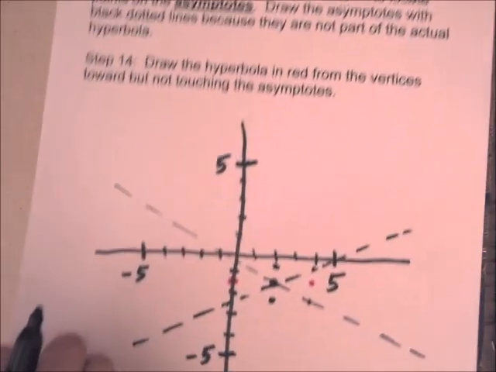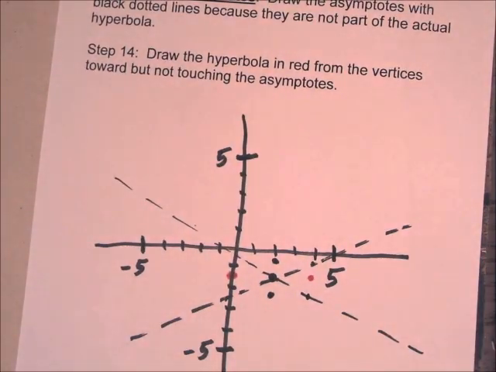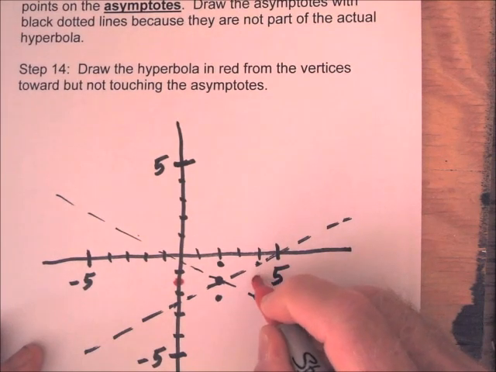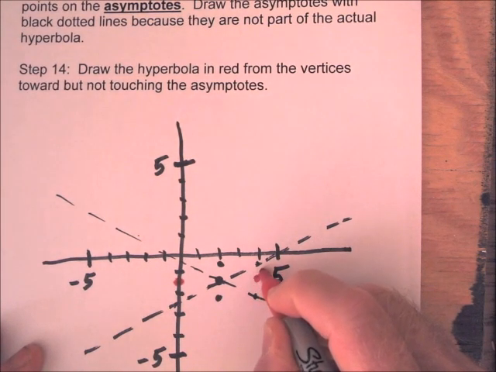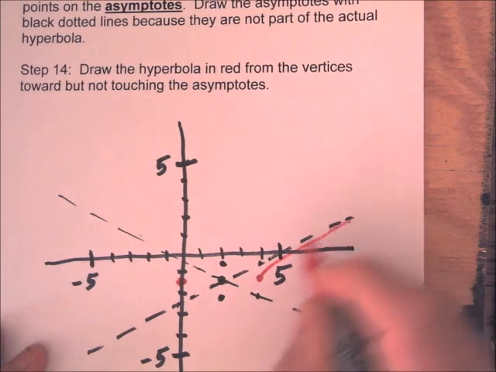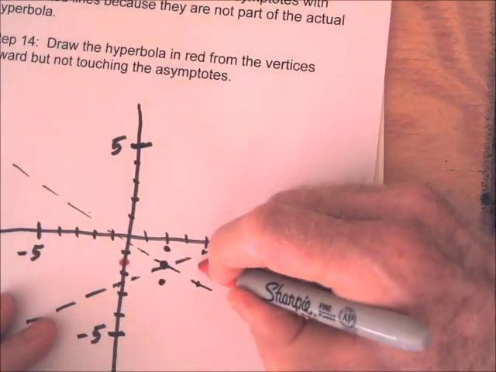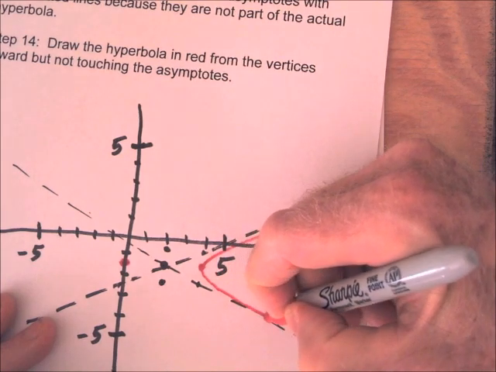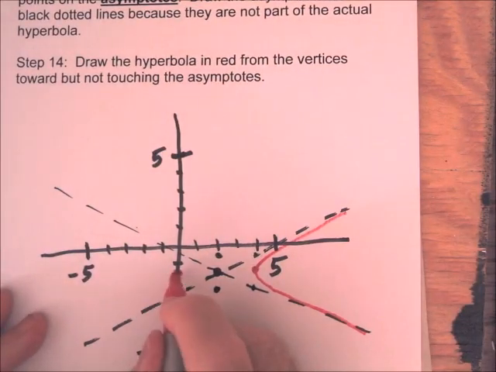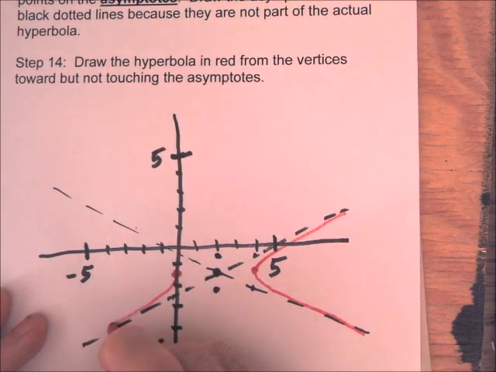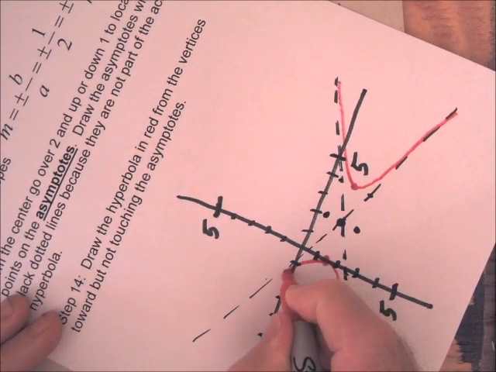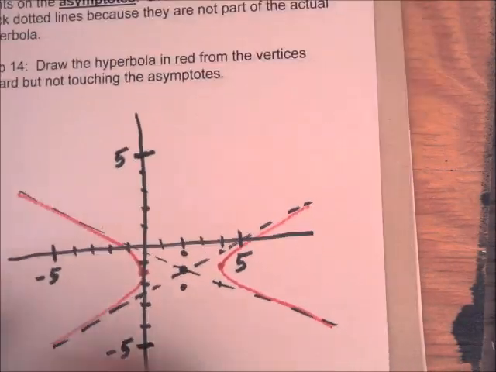Okay, so those are the asymptotes, and then from the vertices, we want to extend the graph toward the asymptotes. So it'll be something like this. Okay, so there's the hyperbola.